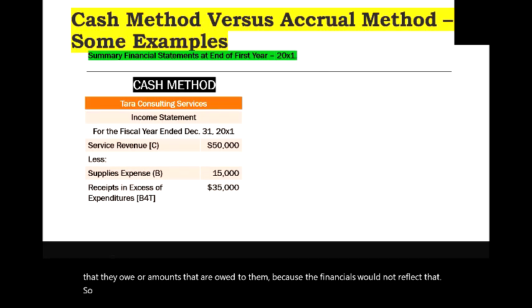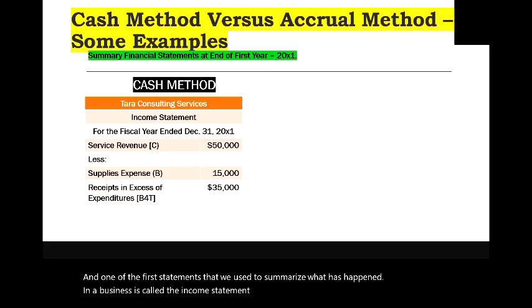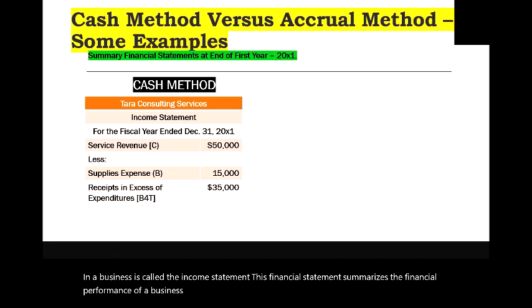So now we get to the point where we summarize. And one of the first statements that we use to summarize what has happened in a business is called the income statement. This financial statement summarizes the financial performance of a business or any other entity over a specified period.